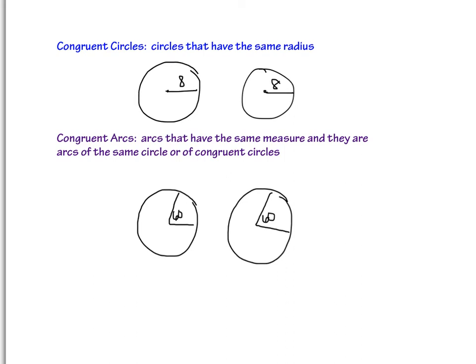An example of arcs on the same circle that would be congruent would look something like this. If I said this was 50, and then over here I said this is 50, those would be congruent arcs.